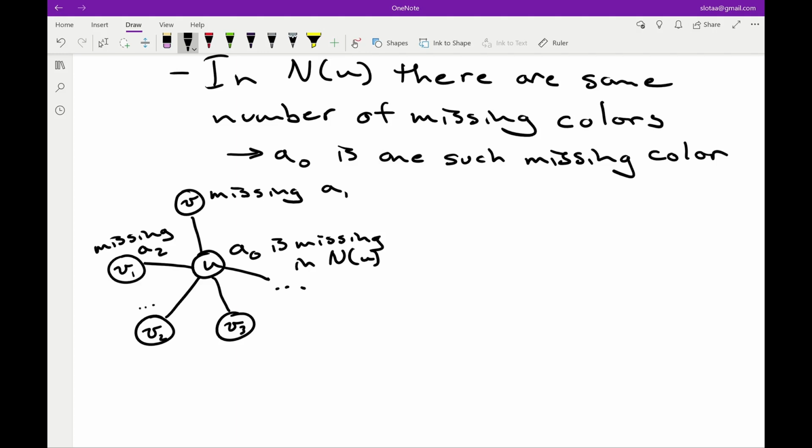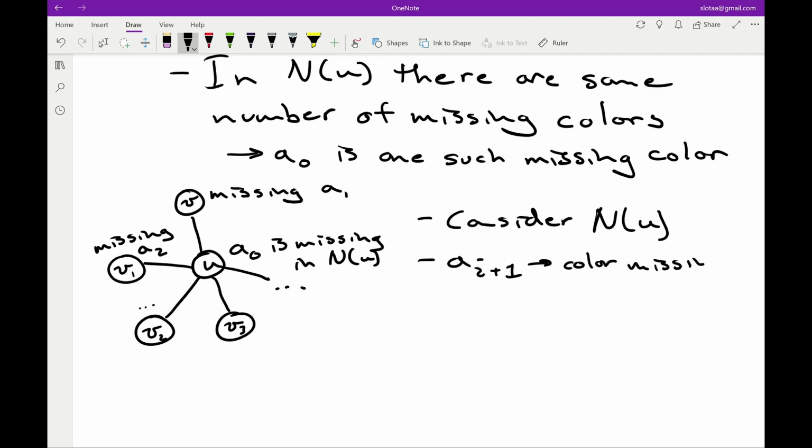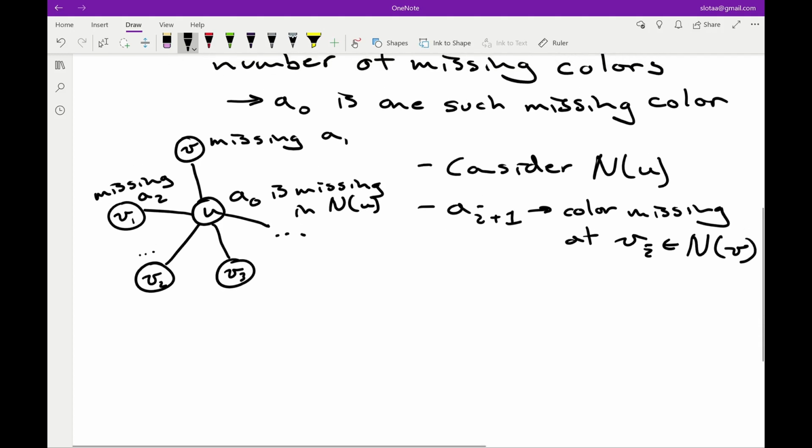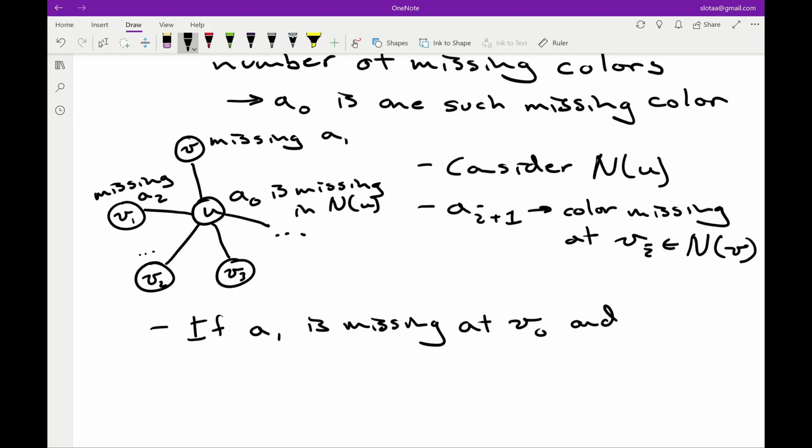As we have set up here, we consider the neighborhood of U, and generally speaking, A(i+1) is the color missing at Vi, which is within the neighborhood of U. The reason for setting this up is, let's consider that A1 is missing at V0, or just V, which we call V0 for consistency.